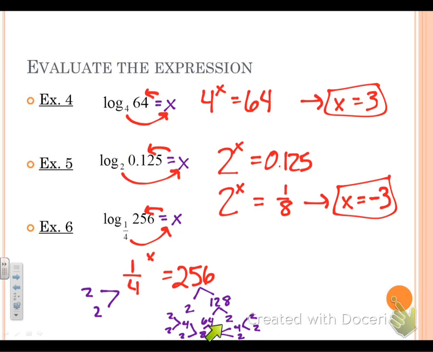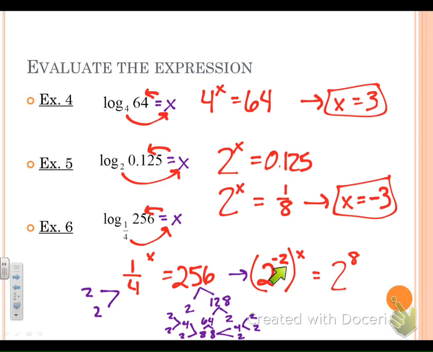My factor tree looks a little crazy here. So here's what I'm going to write. Instead of 1/4, wait a second, 1/4 can be rewritten as 2 to a -2 power, because it's a fraction raised to the x. And that's going to equal 2 to the 8th power.